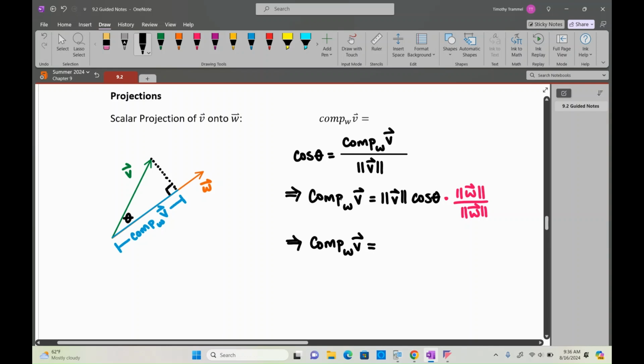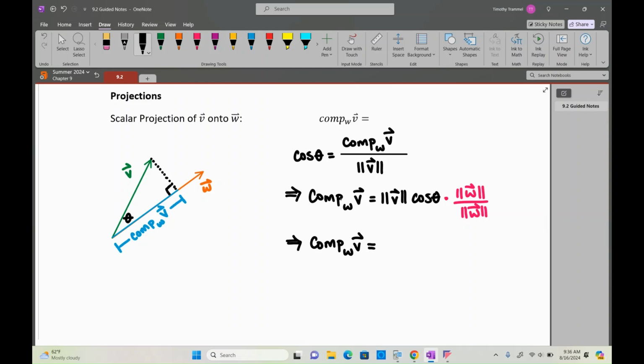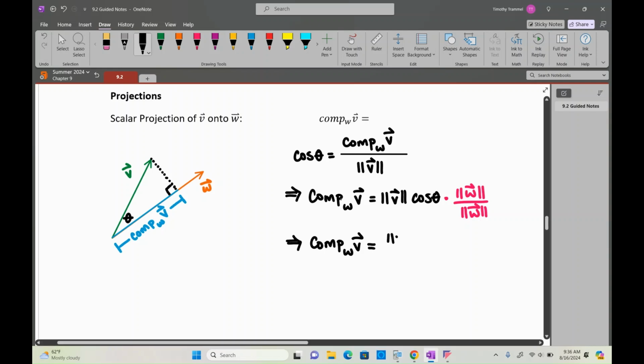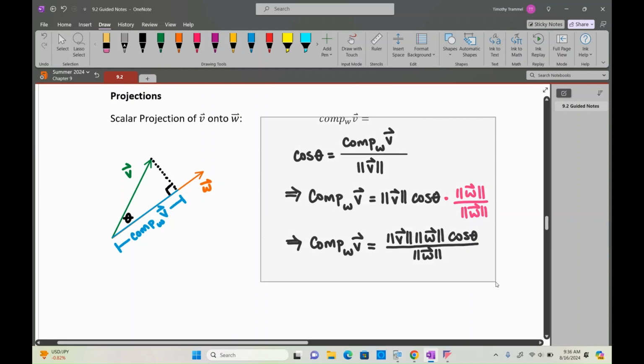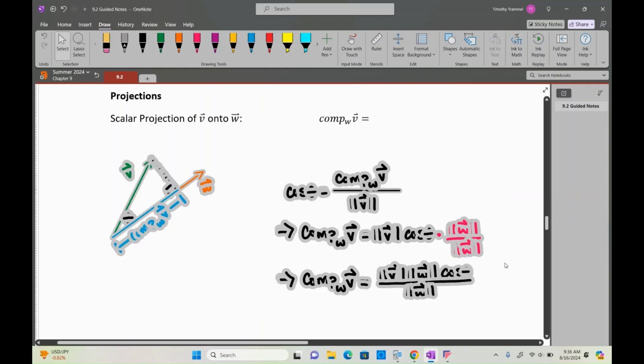All right, so if we go ahead and combine this into one big fraction here, we'll have the magnitude of v times the magnitude of w cosine theta divided by the magnitude of w. Okay.